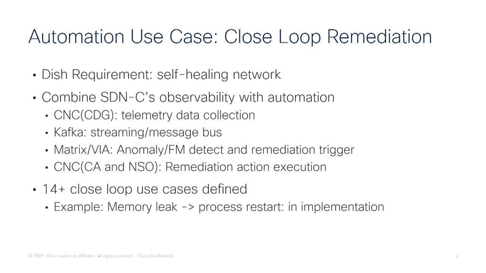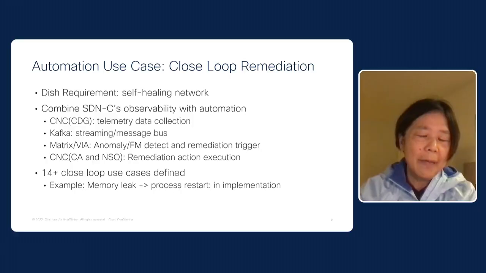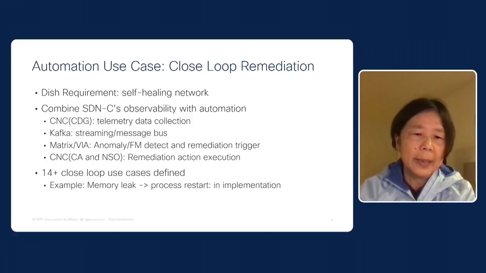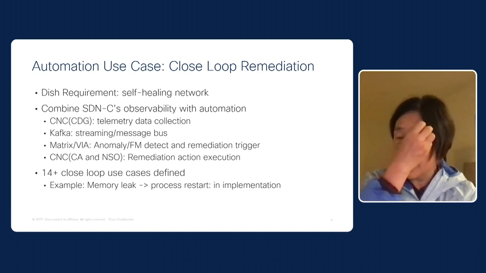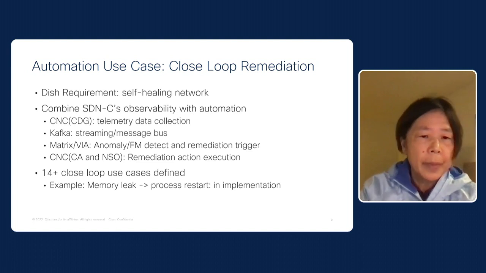We had a couple of incidents before the solution was put in place, and it took humans to go in, check the process, detect the memory leak, and then manually restart. It's very time-consuming, we lose a lot of observability of the device, and also lose traffic.